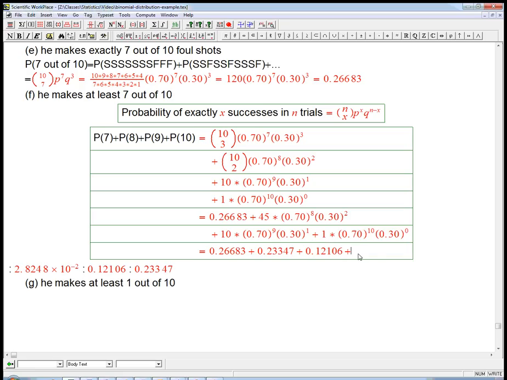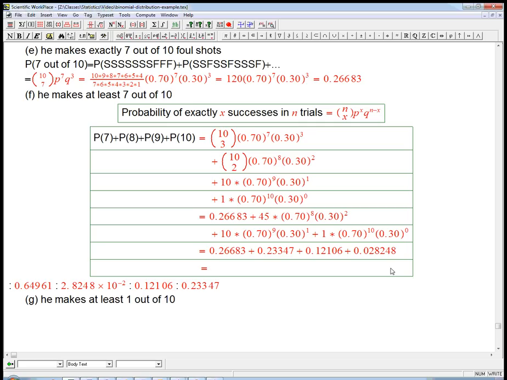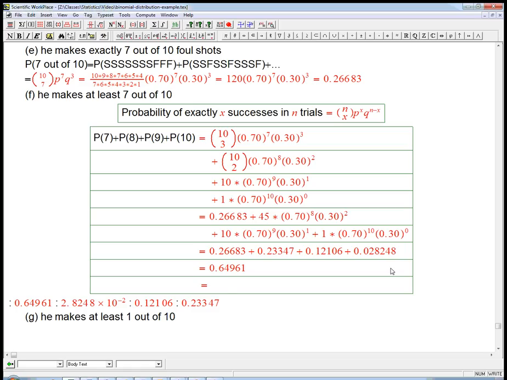And then, that's scientific notation, but it's just 0.28248. Let's add that all up. Total, it's actually a pretty good chance. 0.64961 is about 65%.